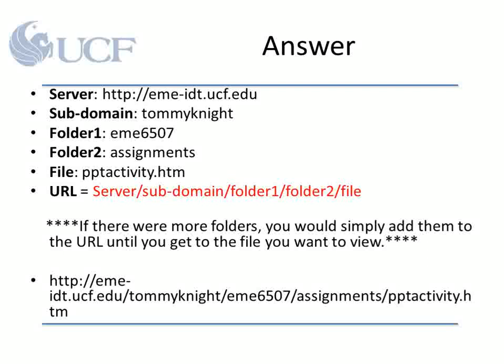So if we break down the URL, we see that the server is http://eme-idt.ucf.edu. The subdomain is Tommy Knight. The first folder is EME6507, and the subfolder of that is Assignments. And the file that we want to access is pptactivity.htm.